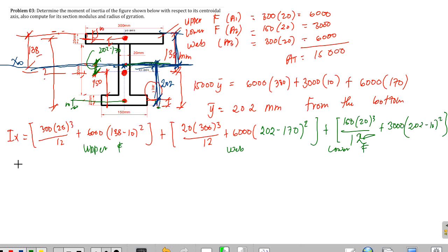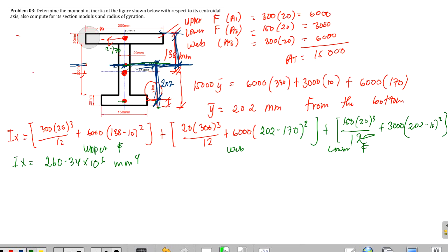Okay? So, solving for the value of Ix, our Ix is 260.34 times 10 raised to 6 mm to the 4. For the Iy, we will not transfer.